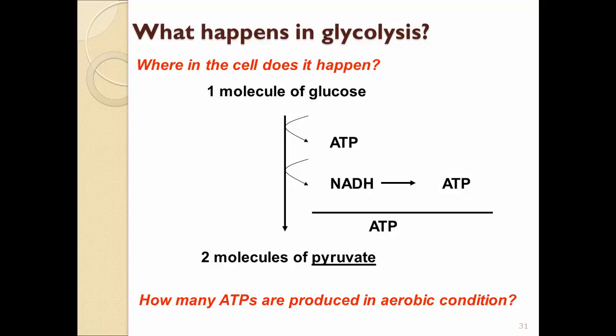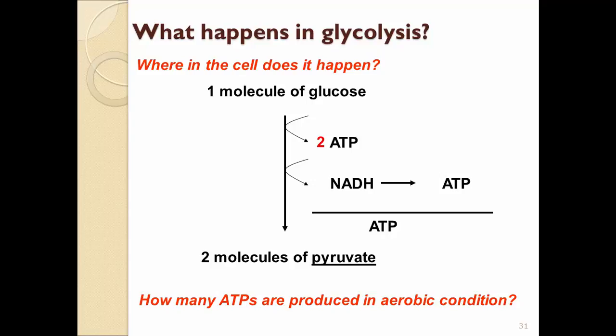And how many ATPs are made? Can you think about it, calculate, and tell me? Let's say ATPs from substrate level phosphorylation. How many ATPs can be directly made? 4? Yes.